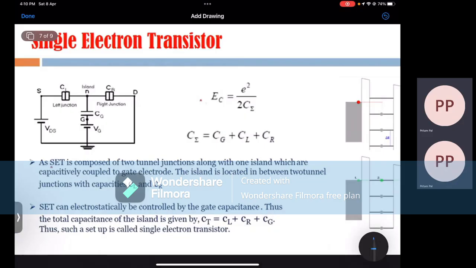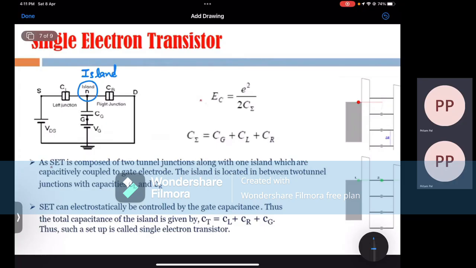So you can see here how this single electron transistor is implemented. This you have seen, this is your island, right? The resolution of the picture is not that great, but anyway we need to adjust with it. This is the island.